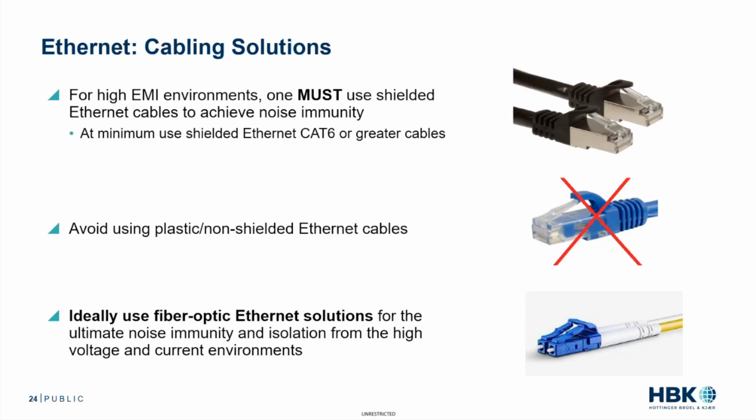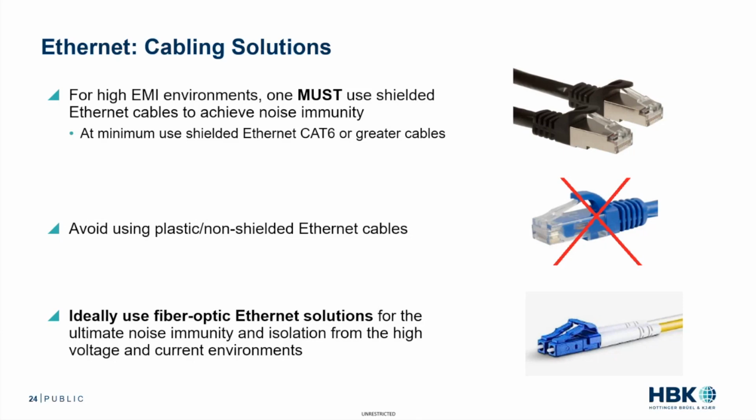So at minimum, I suggest using shielded Ethernet Cat6 or greater cables, and as you see in the diagram here on the right, the top one has the metal shielded Ethernet connector on there, compared to the one I've placed a red X through, typically the plastic styled Ethernet, which is not shielded at all.